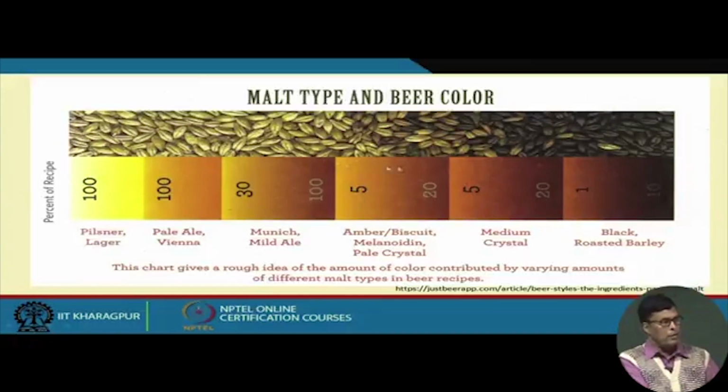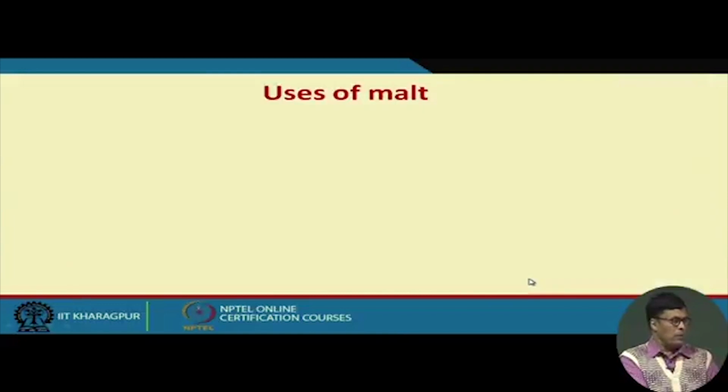You can see the color of the barley grains also varies as we change the characteristics of the barley grains. So we have different grades. This just gives a rough idea about the color contribution of varying amounts of different malt types in a beer recipe.